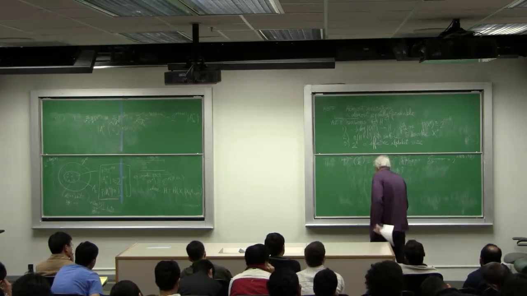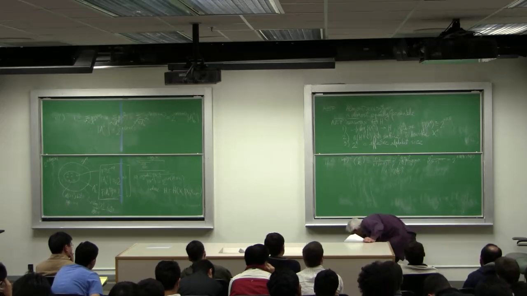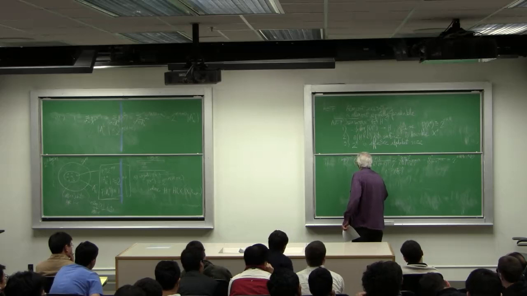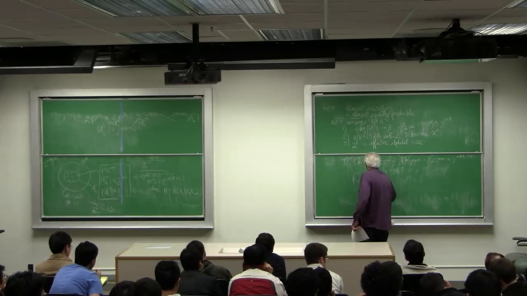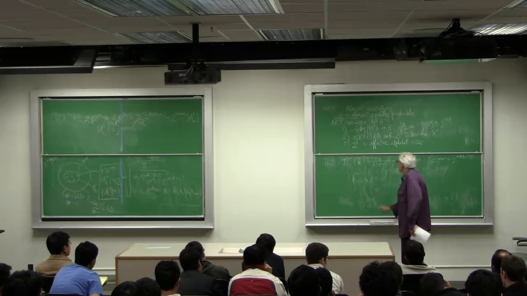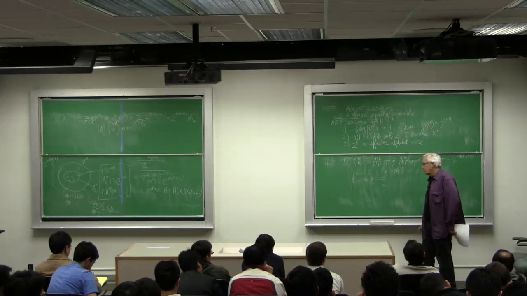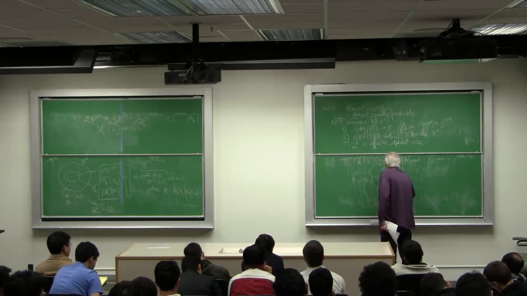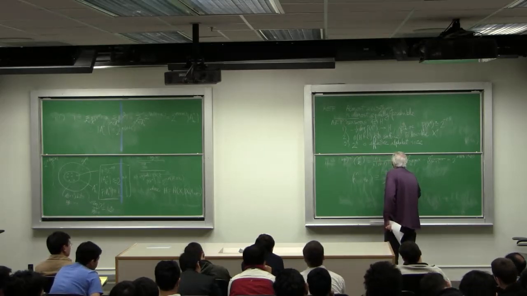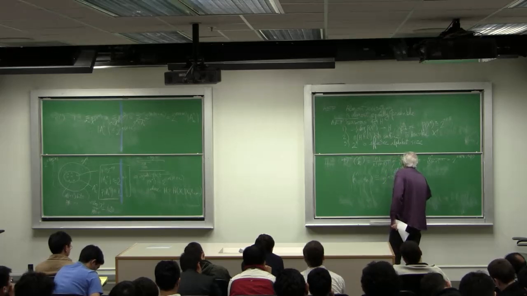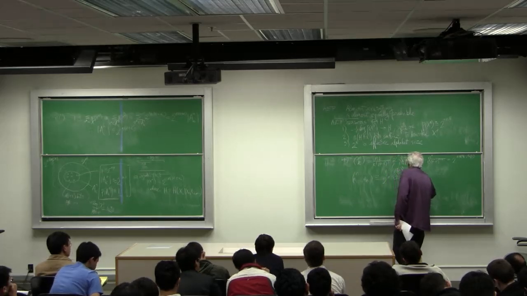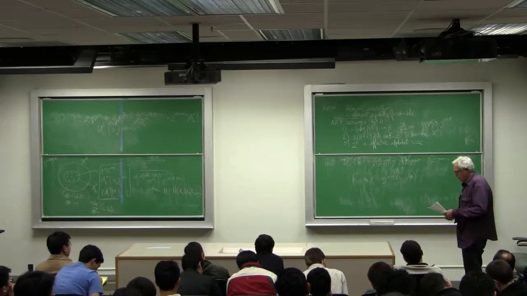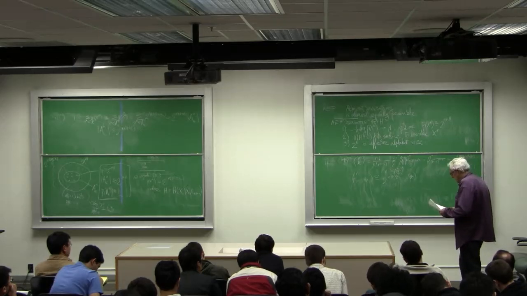In fact, if I had N choose N1 through N sub M, N factorial over the product of the N sub i factorials, then I get 2 to the N H of N1 over N through N sub M over N. So that would cause H to arise naturally.